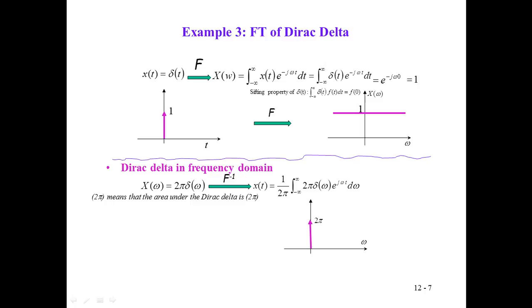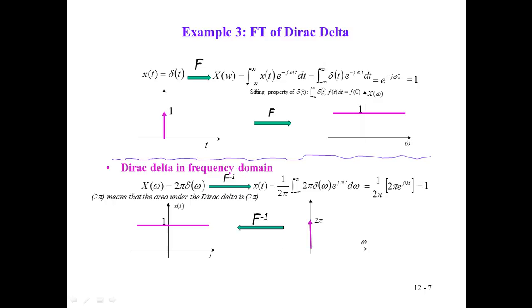Again, using the shifting property given above, this integral result is 1 over 2π times 2π e to the power j0t, and that is constant 1. So plotting this function in the time domain, x of t is a constant function with value of 1 for all values of t.